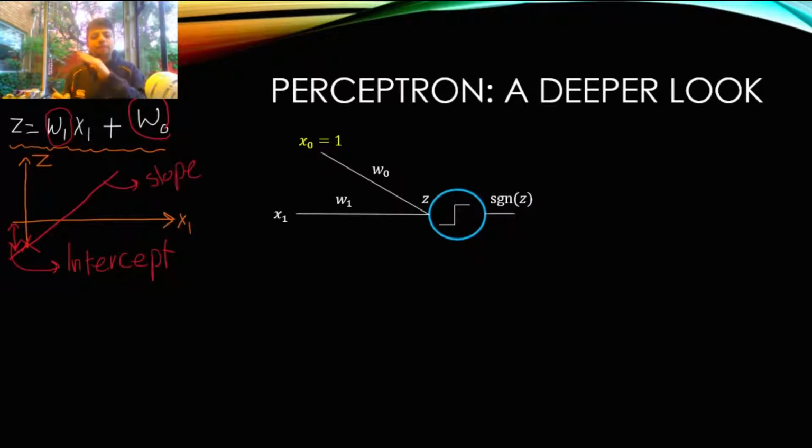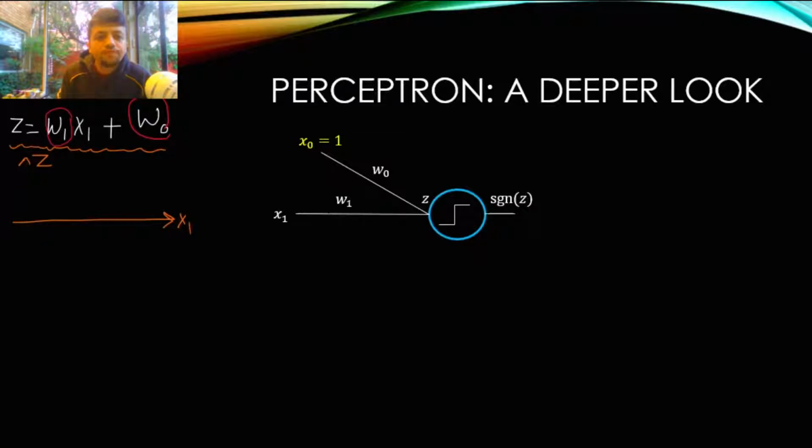So the intercept controls where that line should be in terms of high or down. If I keep the same line, with the same W1, but reduce W0 to a lower value, meaning that instead of cutting z at this value, let's cut it over here, it means that W0 is more negative.